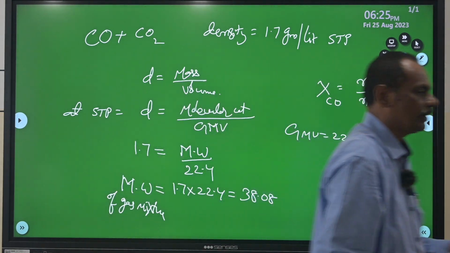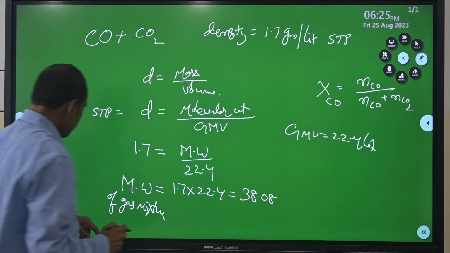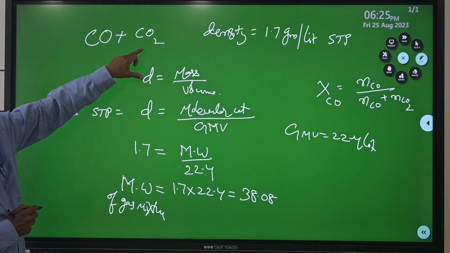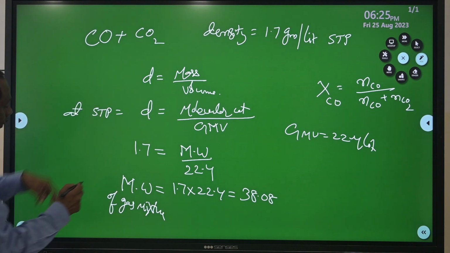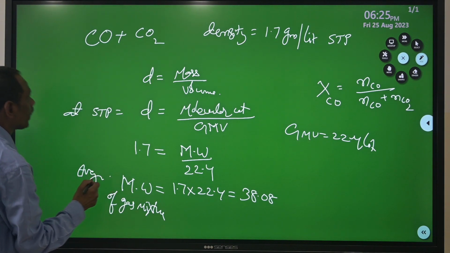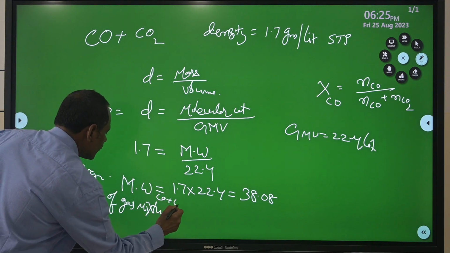It is step 1. What is it? The molecular weight of the gas mixture. It is a gas mixture, so this molecular weight is taken as the average molecular weight of this gas mixture containing CO and CO2.